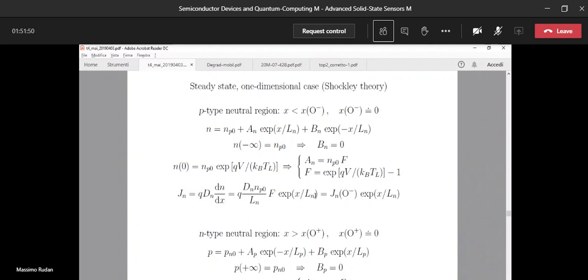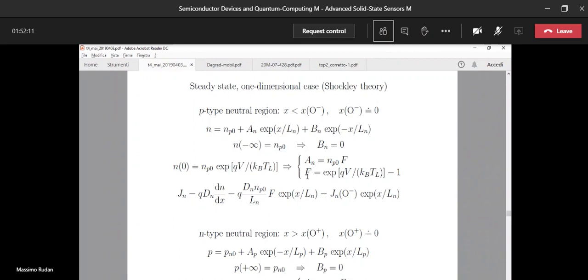So eventually, using the other boundary condition, you find that An is np0 times a quantity that we call f. It is dimensionless, okay?